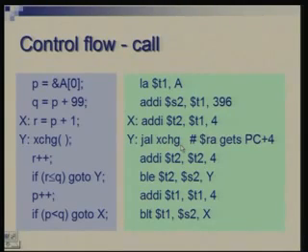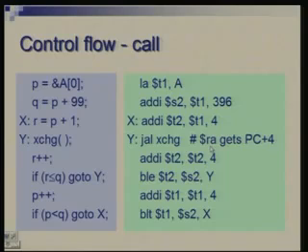Somewhere there is an instruction with this XCHG as a label attached, and the effect of the JAL instruction is to transfer the control much in the same way as a jump instruction does, but it does one more thing. It saves the current address of the instruction into a special register. It is special in terms of functionality, but it's one of those 32 registers which we symbolically denote by RA, which stands for return address.